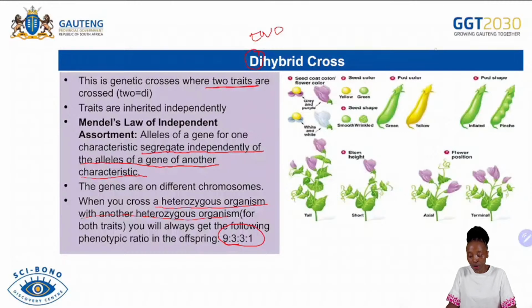In the diagram on the right, we're looking at the color of the seeds and also the shape of the seed, so it's 2 things at the same time. When you cross these characteristics and they are heterozygous, at all times you're going to get the ratio 9:3:3:1.